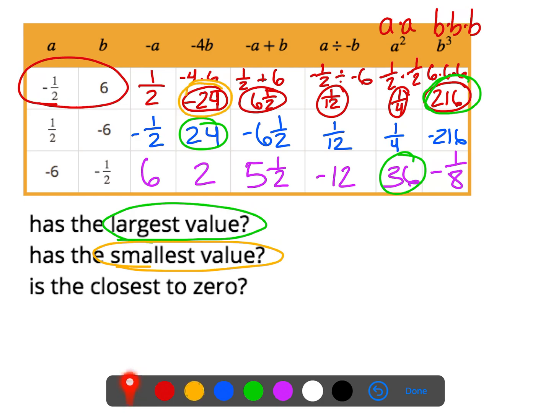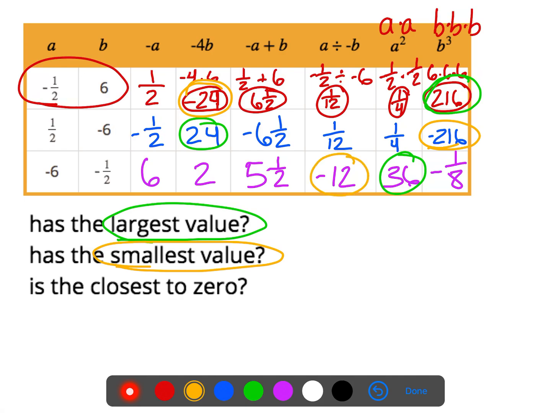For the next one, though, we have several negative values. Now, the smallest value is going to be the furthest away from 0, or the farthest to the left on the number line, and that would be negative 216. For the last row, negative 12 would be our smallest value.